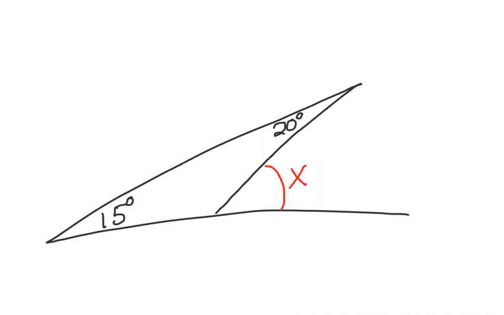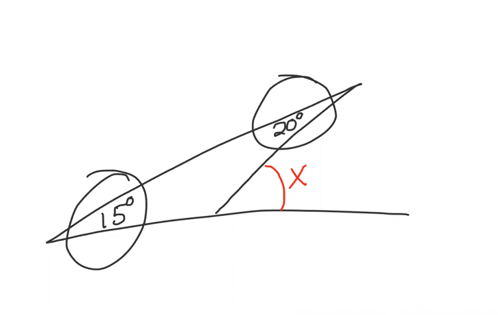Marissa, go ahead. 35. It's just 35. When you have an exterior angle, it's simply equal to the sum of these 2 interior angles that are not right next to the angle you're talking about. That's it. That's your shortcut, 35.